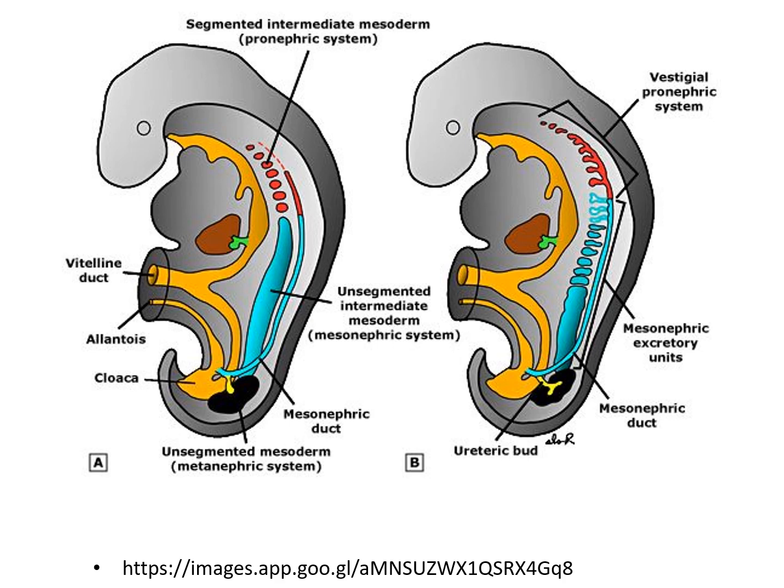Cloaca is the excretory part here, which is a primitive excretory organ. It is the excretory organ for the GIT, for the renal, for the reproductive. But with development, it gets divided into many parts.